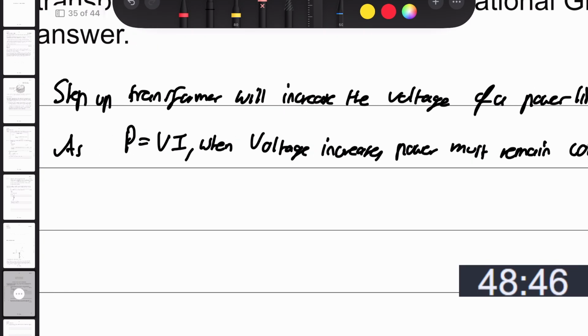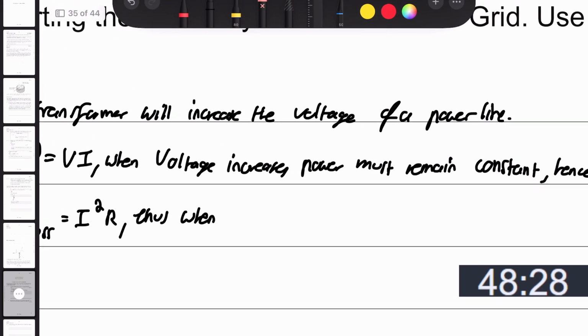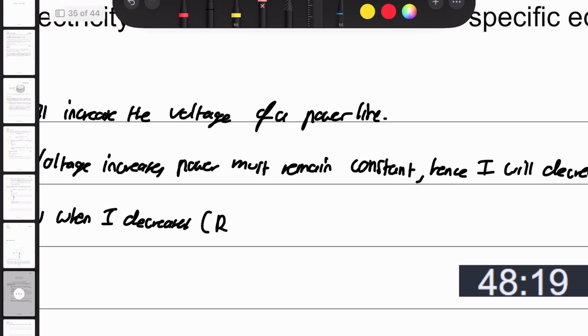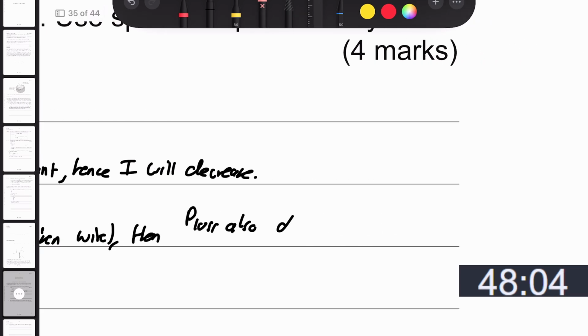And we can say, but P loss equals I squared R. Thus, when I decreases, and then here I'll say R is constant for a given line, then P loss also decreases.